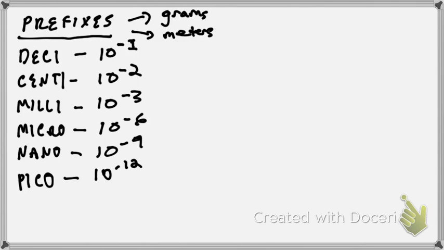So let's look at an example, which might help make you understand what I'm trying to get at. Let's say you have 5 grams, and they want you to convert it into decigrams.